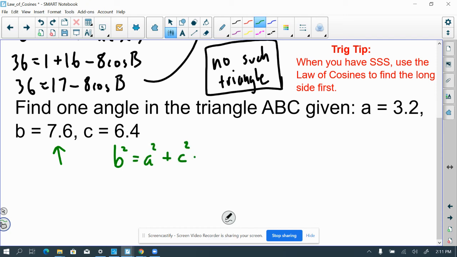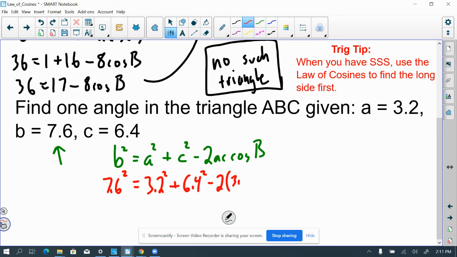Equals a squared plus c squared minus 2ac times the cosine of B. Now let's plug in those numbers. 7.6 squared, that's going to be fun, equals 3.2 squared plus 6.4 squared minus 2 times a times c times the cosine of B.